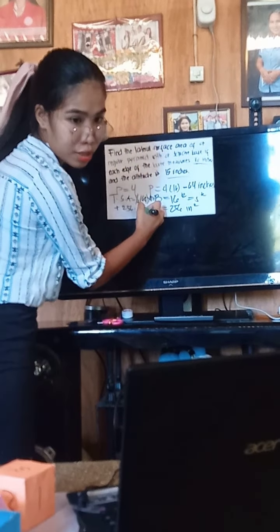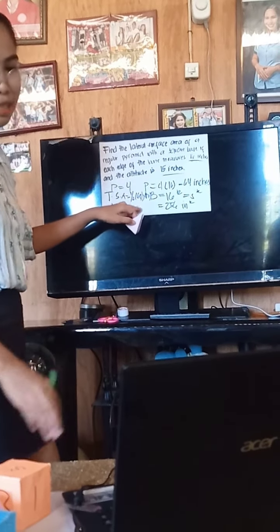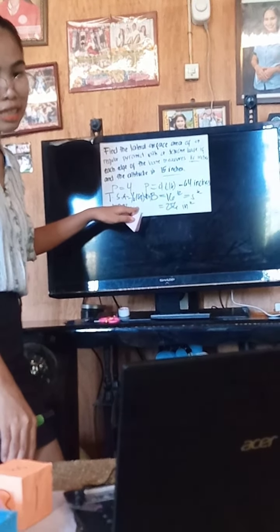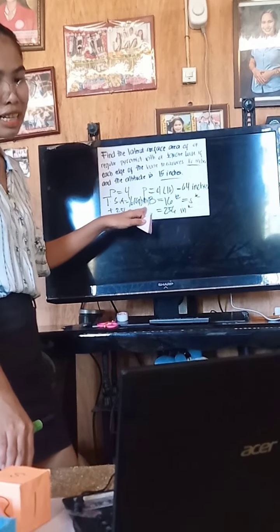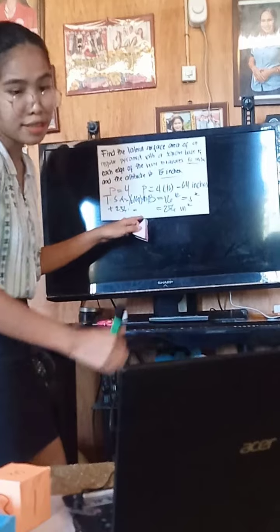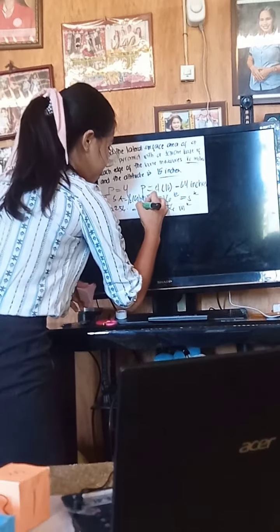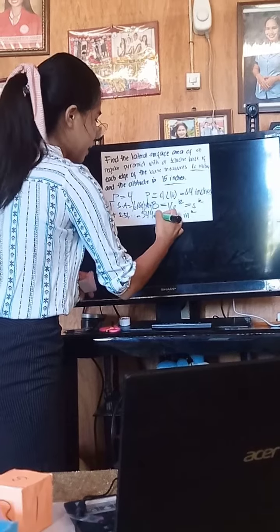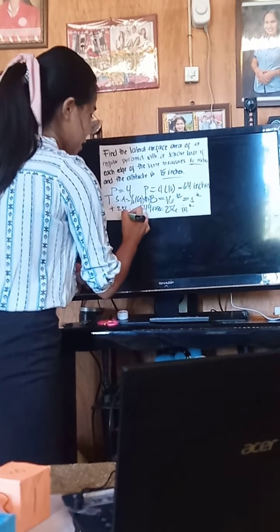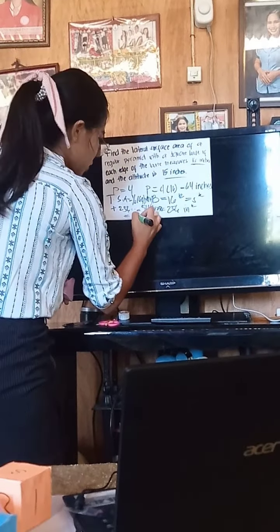So 64 times 17, and then times 1/2, is equal to 544. 544 plus the 256 is equal to 800 square inches.